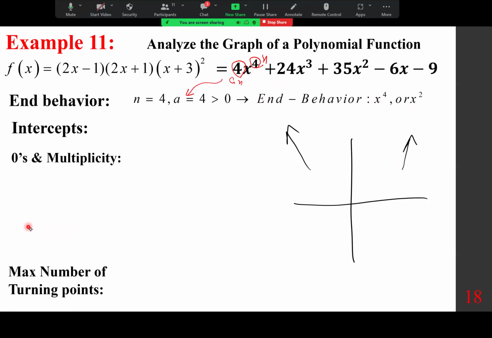The intercepts. This, if you set it equal to 0, gives you 1/2, comma 0. This, negative 1/2, comma 0. This, negative 3, comma 0. So those are easy intercepts. And from here, everybody, 0 and negative 9 is the y-intercept.